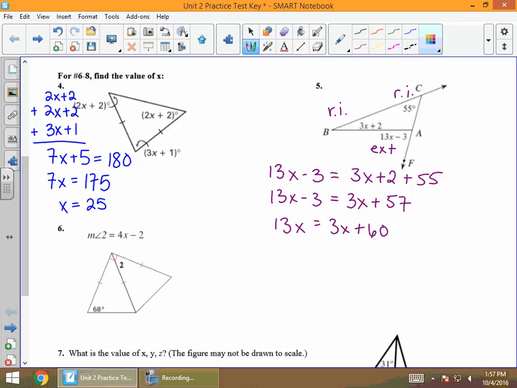Subtract 3x on both sides. 10x is 60. Divide by 10. X is equal to 6. So I can plug that in. Angle B then is 20 degrees. And angle BAF would be 75 degrees.